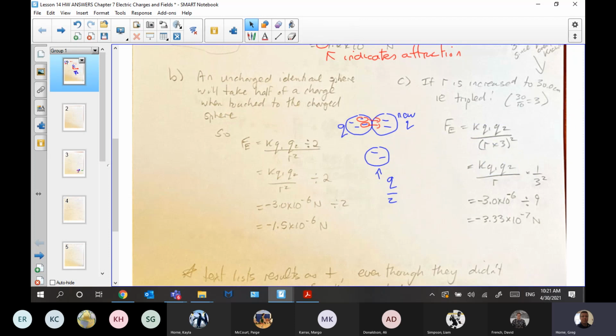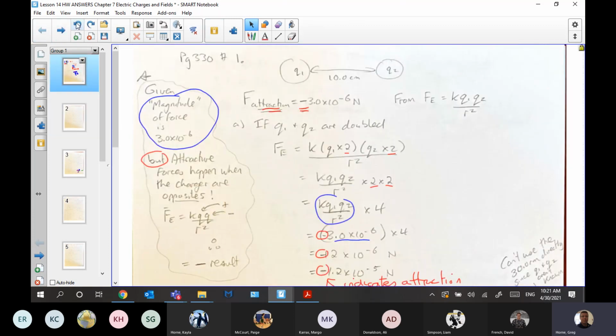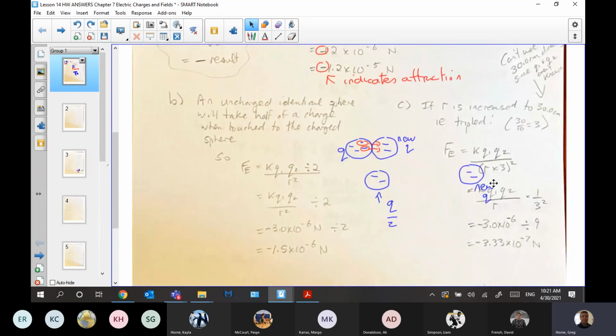If I use my finger, I can do that and it goes away. Anyways, you get the idea, right? So this guy moves off far away, and you're left with this half charge.